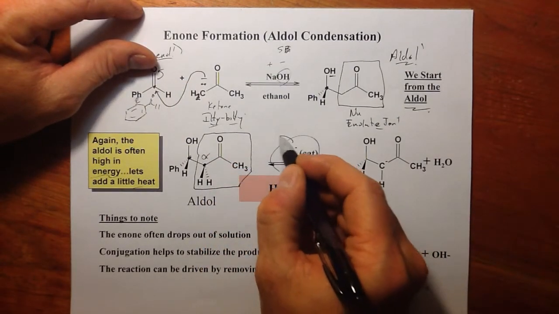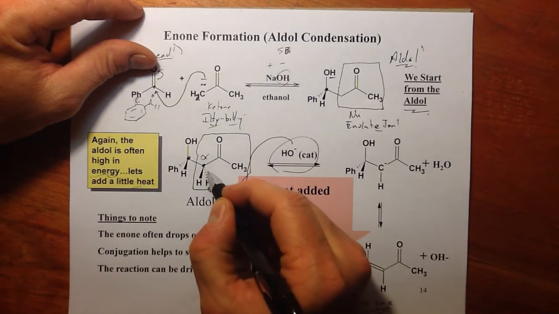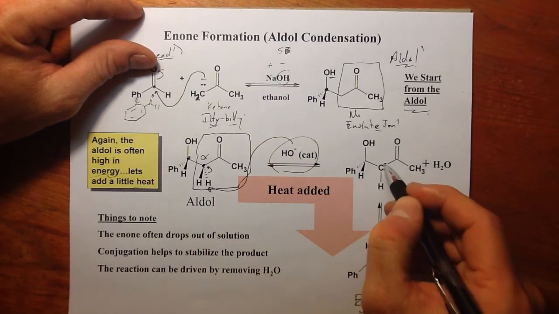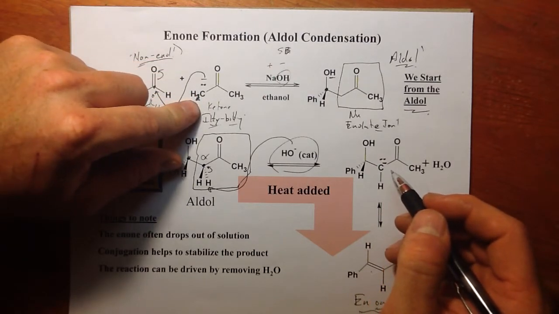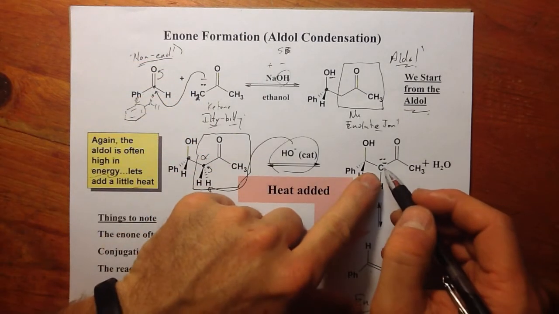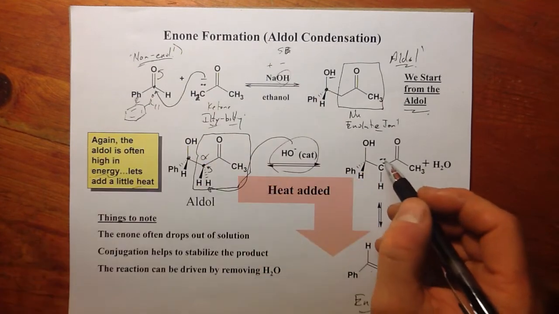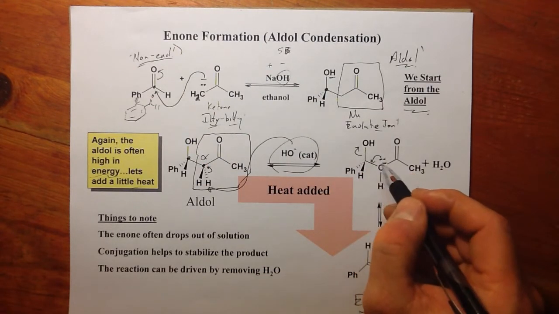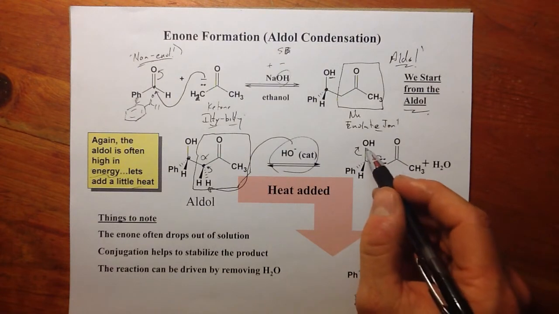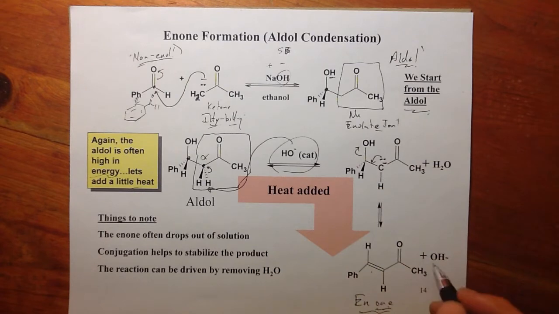If we tear another proton off of that position, we can make another enolate ion using that same carbon. We can make another negative charge there, and in this case what we're going to do is push off a bad leaving group. By having a full negative on this carbon, we can push off a bad leaving group, hydroxide.